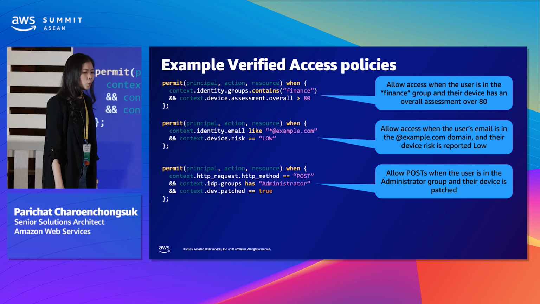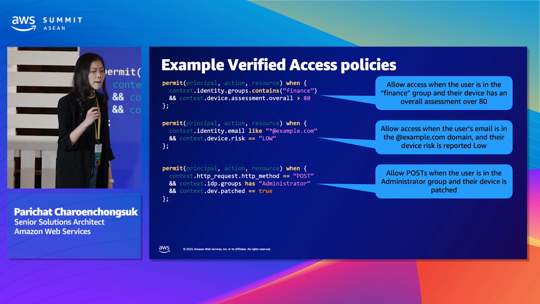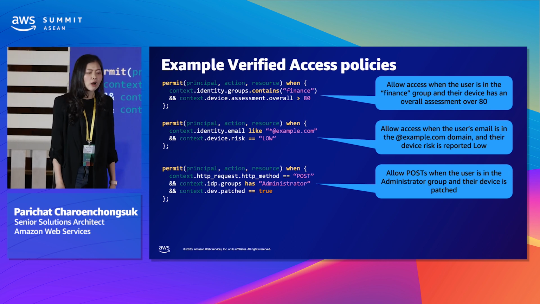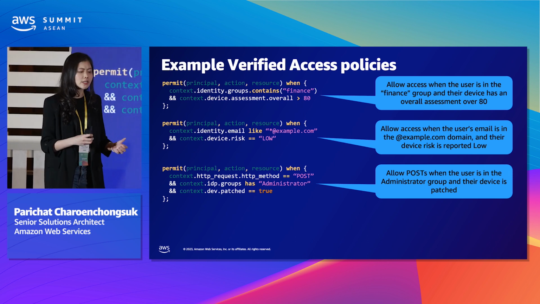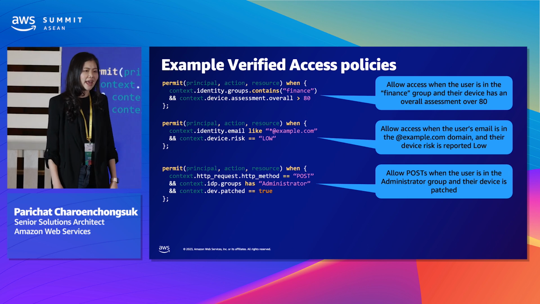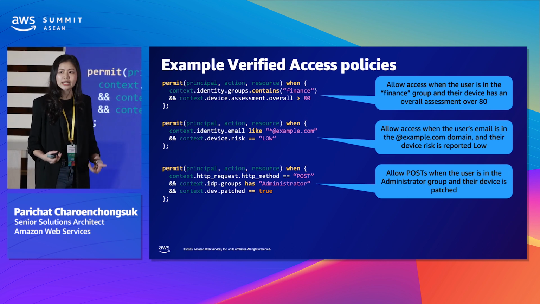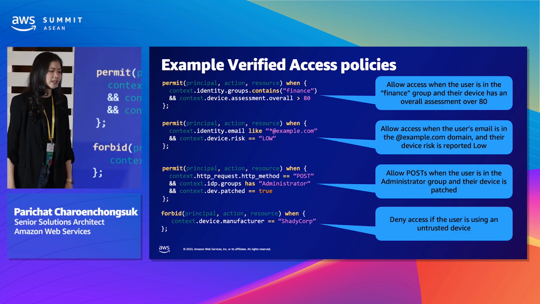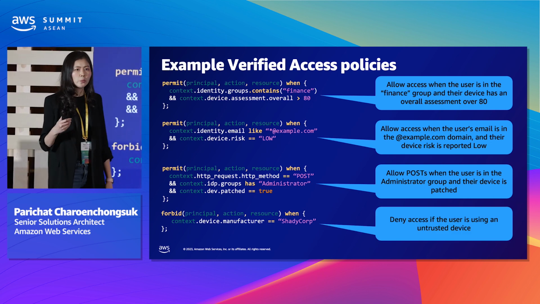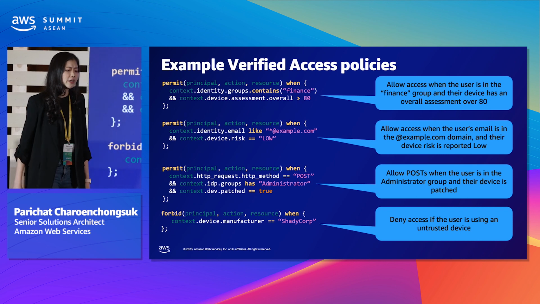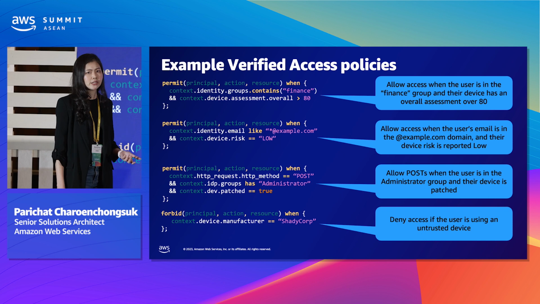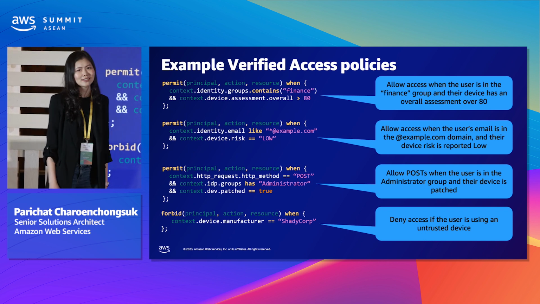Next example, we permit the POST method from a request from a user in the administrator group whose device is already patched. So for the last example, we forbid or deny the request if the user is using an unpatched device or untrusted device.